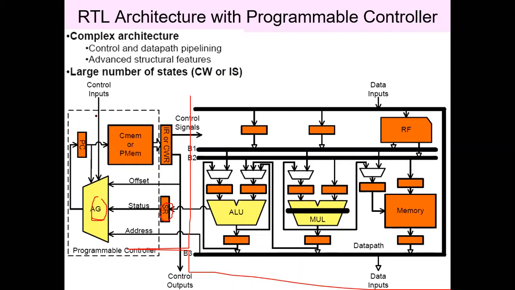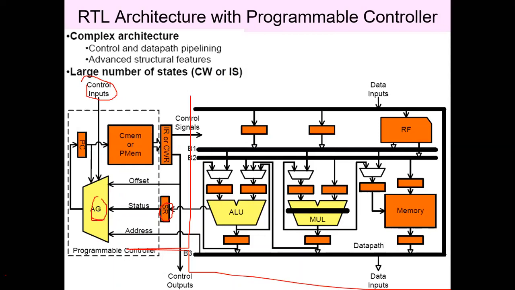And there may be some other control inputs. That means external control inputs may be acting as an input to this controller, and maybe the output from the instruction register may be acting as an offset and some address.